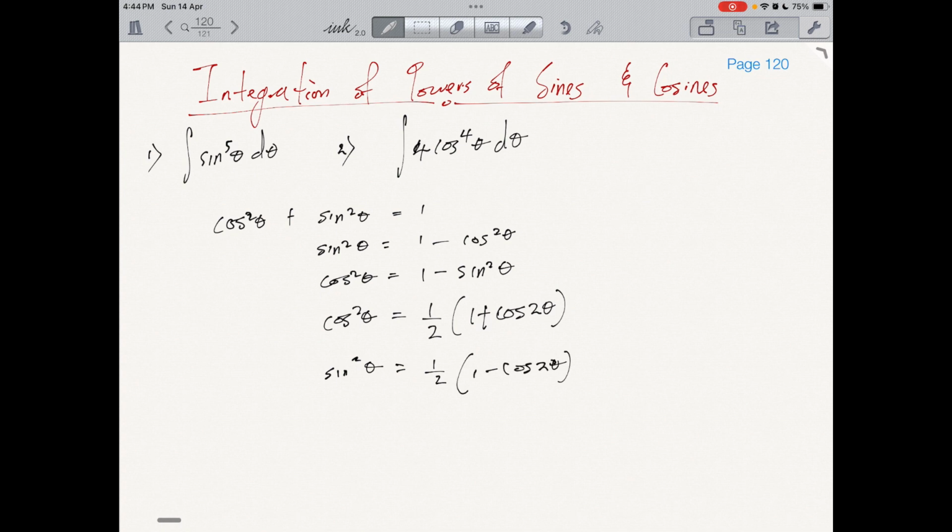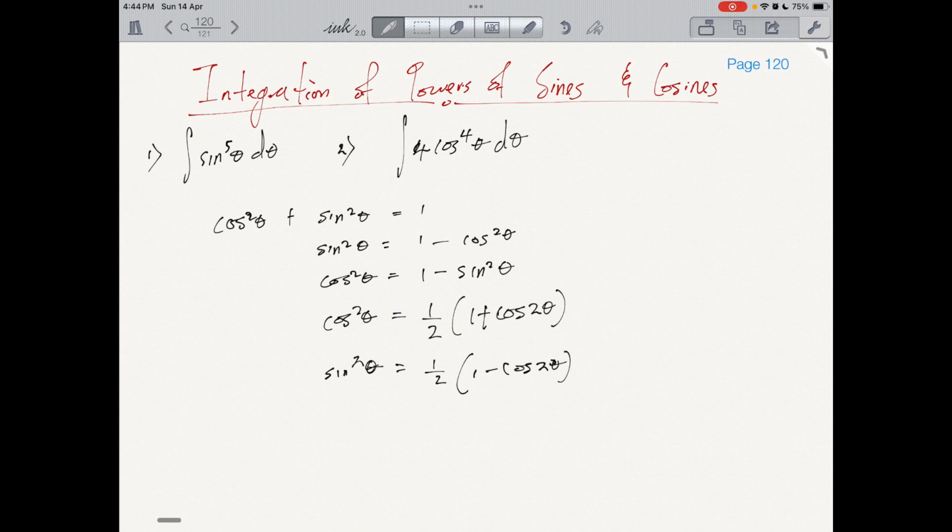So with these expressions, we can simplify further any question regarding powers of sines and cosine.